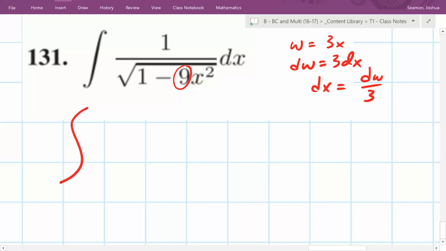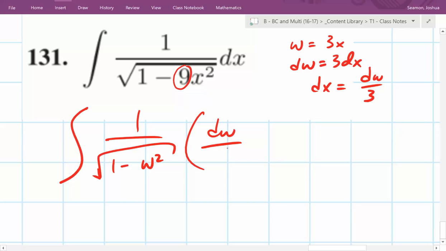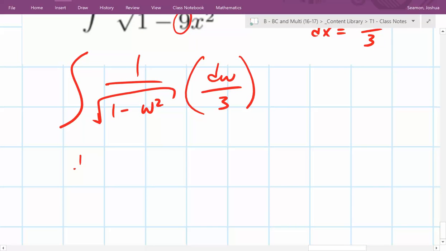What type of integral is this? Indefinite. Why? No limits of integration. So we have 1 over the square root of 1 minus w squared. Instead of dx, what do we have? dw over 3. What should I factor out? So we have 1/3 the integral of 1 over the square root of 1 minus w squared dw.